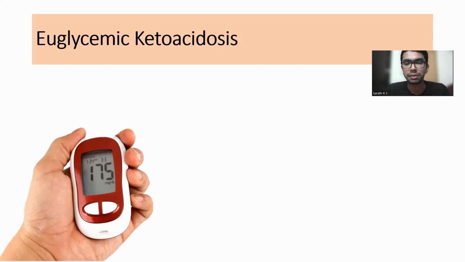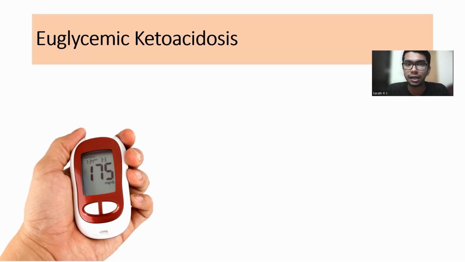Coming to euglycemic ketoacidosis, I have already told you that we need to establish diabetes by measuring blood glucose, and we have set a cutoff of 200 milligrams per deciliter. Then what is this euglycemic ketoacidosis? Suppose there's a child with insulin deficiency. He or she is now having ketoacidosis, with abdominal pain, vomiting, etc., and altered sensorium also.